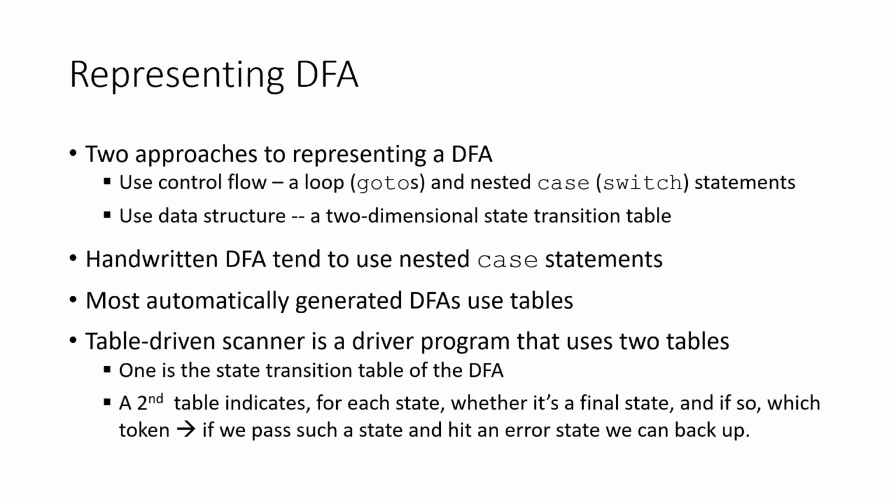And if so, it also indicates which token. Separating this second table from the first one allows us to notice when we pass a state that might have been the end of a token, so we can back up if we hit an error state.